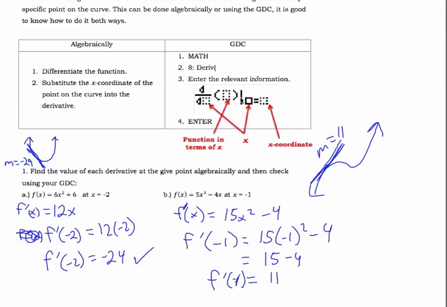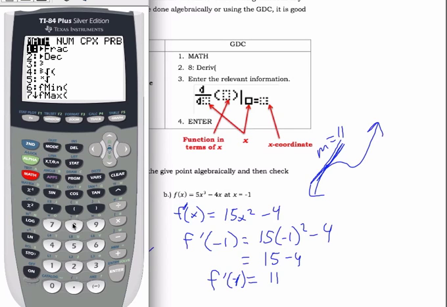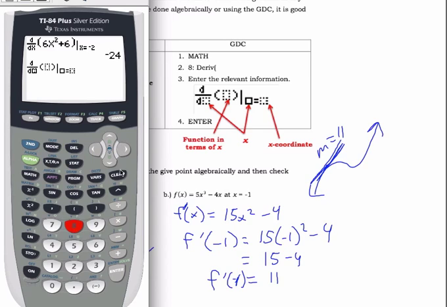Okay, so now let's do it with the calculator. Alright, so we're going to go to math and press 8 for derive. And this is differentiating with respect to x.